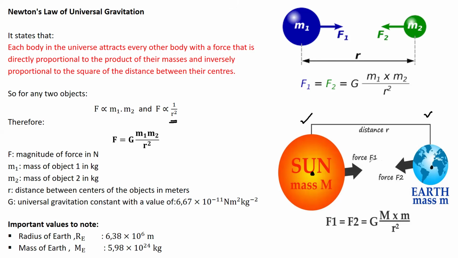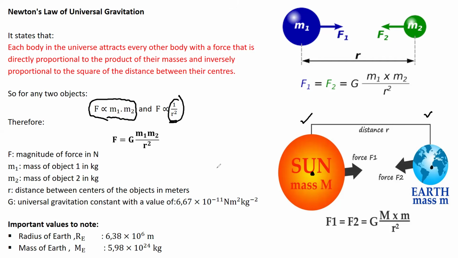But the forces that the sun exerts on the Earth and Earth exerts on the sun are directly dependent on the product of the mass of the sun and the mass of Earth, and inversely proportional to the square of the distance between their centers. I need you to get that.